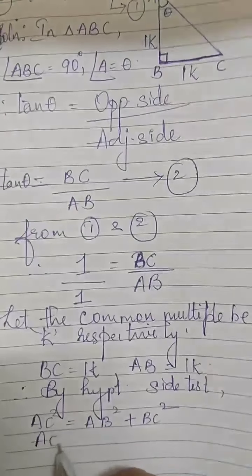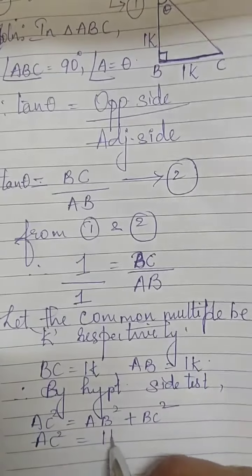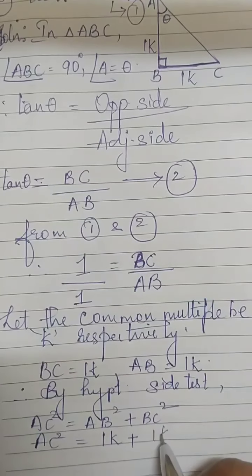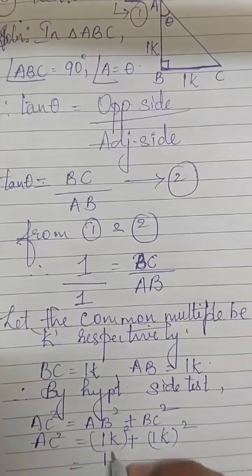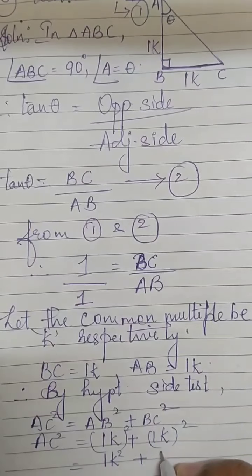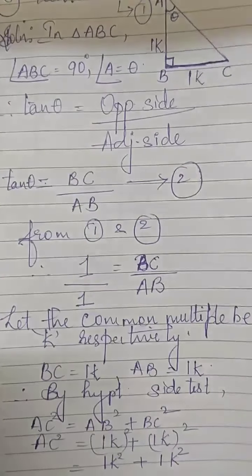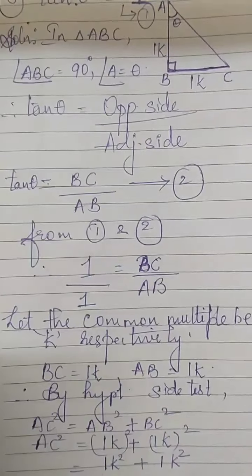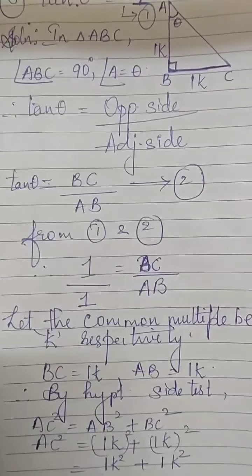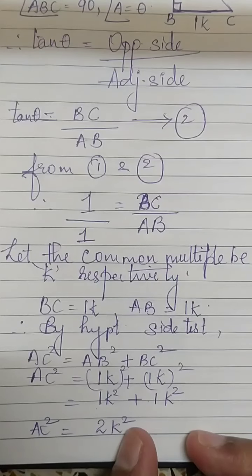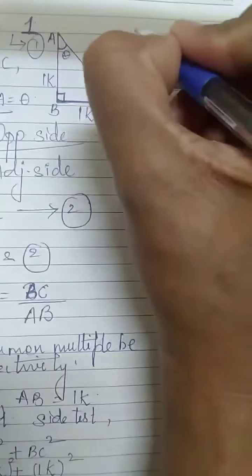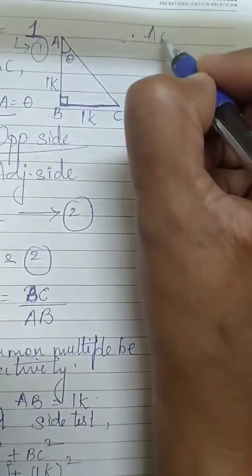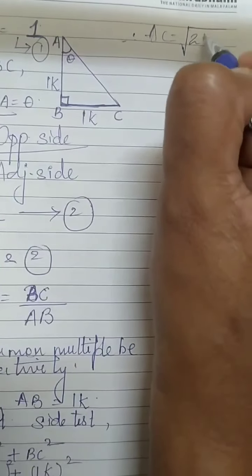AC we don't know, so AC square is equal to AB we got 1k plus BC also 1k, square. 1 square is 1 and k square is k square, plus 1 square is 1, k square is k square. 1 plus 1, 2, k square is AC square. So how much will be AC? AC square is 2k square. So AC will be square root of 2k square.